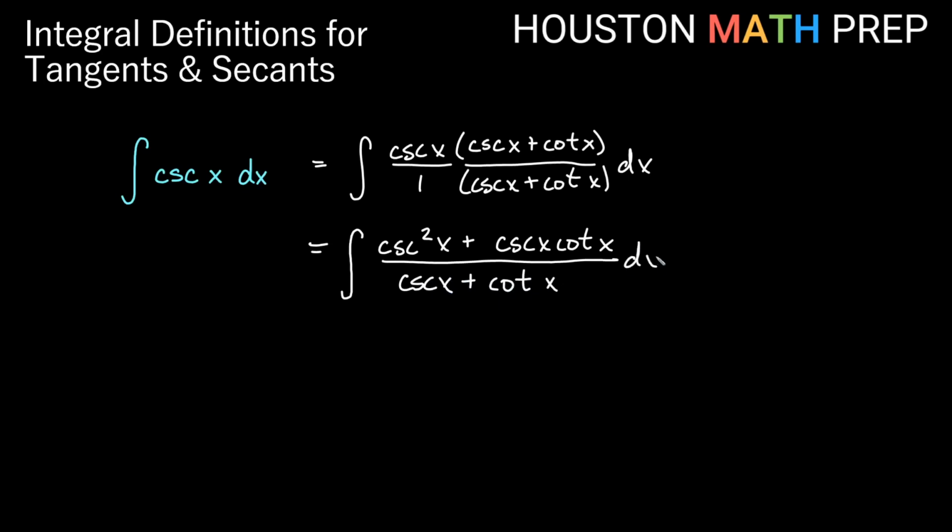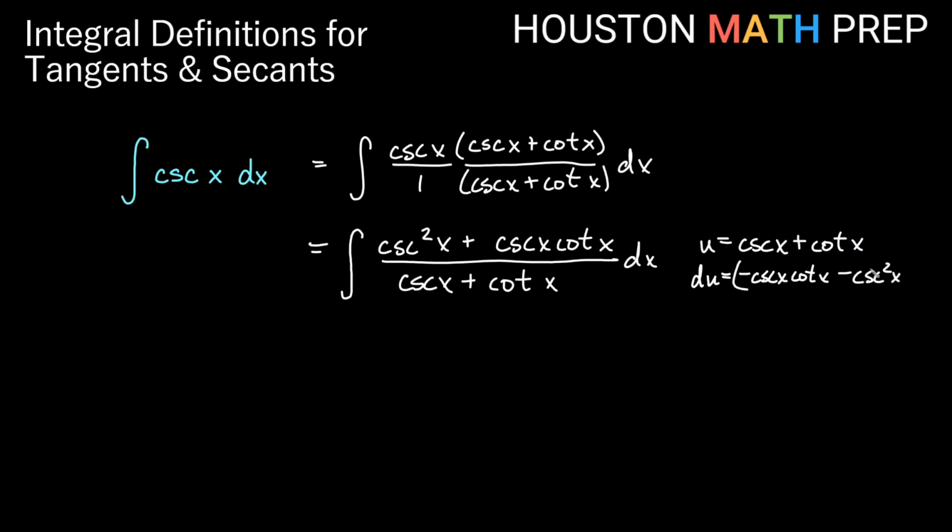And then we can jump to our u-sub to show you where this comes from, right? So here we'll say u is equal to cosecant x plus cotangent x added together. And the derivative of that, the derivative of cosecant x, is actually negative cosecant x cotangent x. And then the derivative of cotangent x is actually negative cosecant squared x.